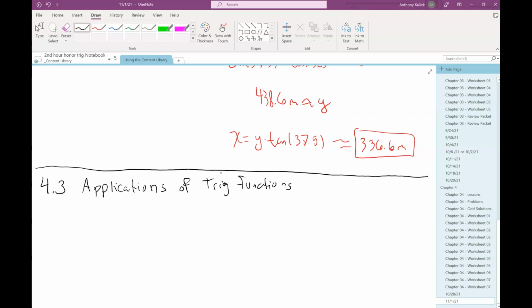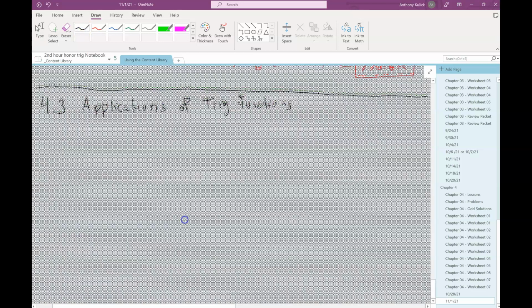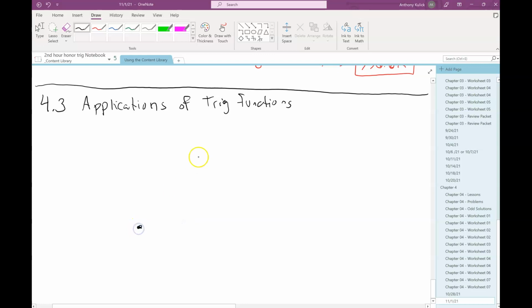So the idea here is, say you're here and you want to go to here. One way you can describe that is just going directly, right?